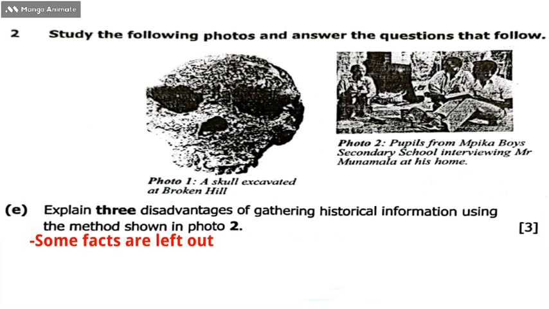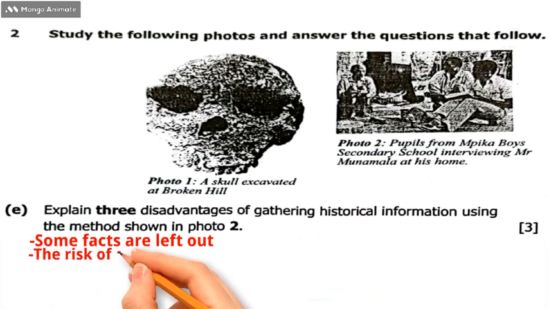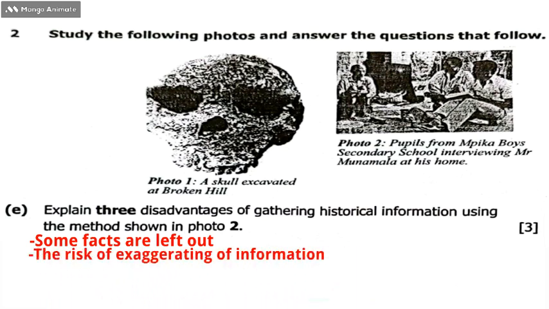The other is that there is a risk of exaggeration. When the person is telling you, he or she might exaggerate, might say things that are not part of that instance, or add a few things that were not there.